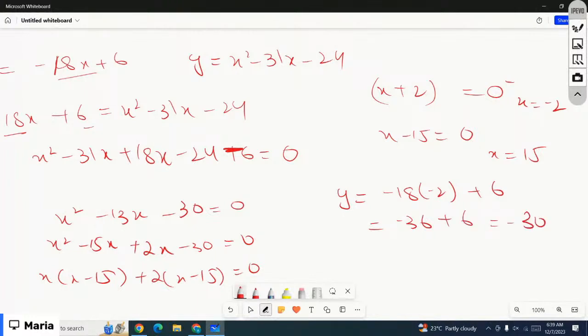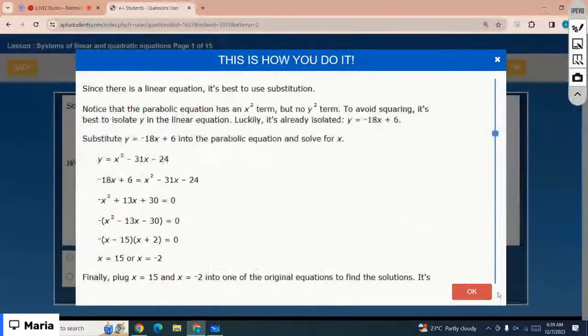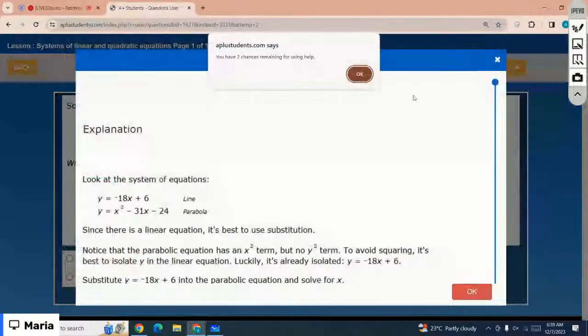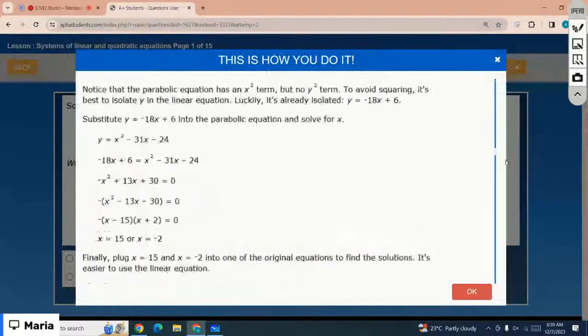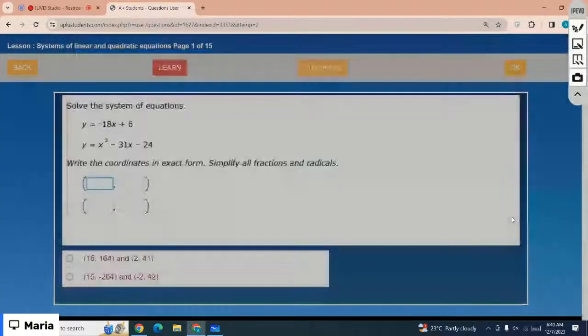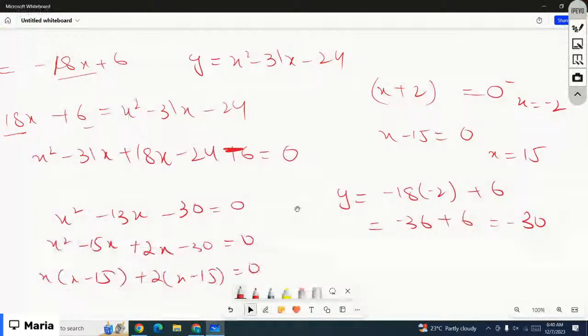So one pair of values is negative 2 and 42.